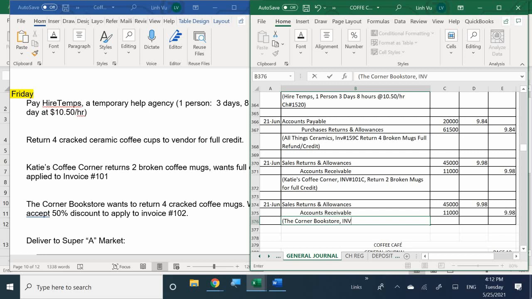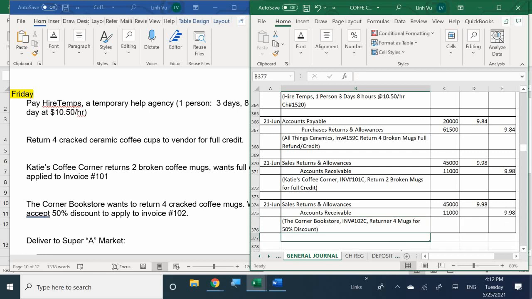Because we're going to give them a credit and apply it to invoice number 102. So invoice number 102C. Then put accepts 50% discount. Good. Return for mugs for 50% discount. Awesome.